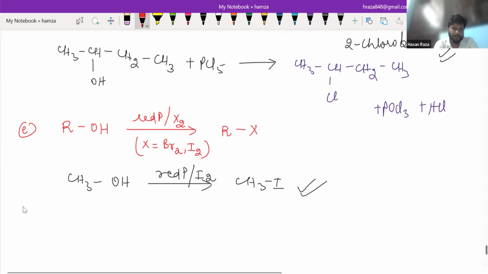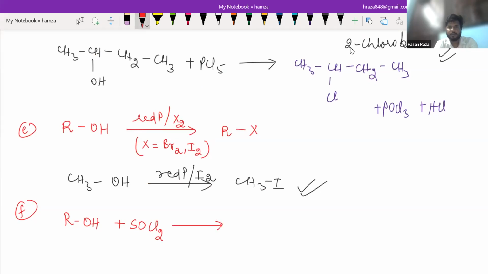And the last one, F, you can see ROH reacting with thionyl chloride, SOCl2. Just replace this again and it will be RCl along with SO2 and HCl.